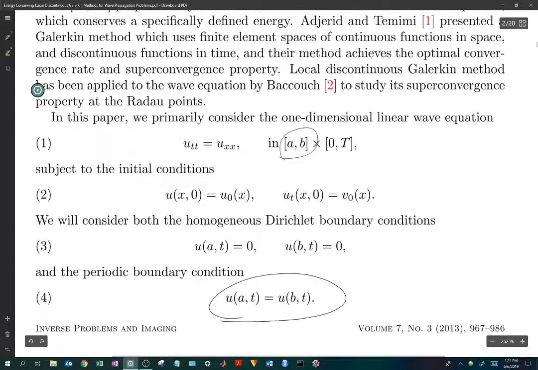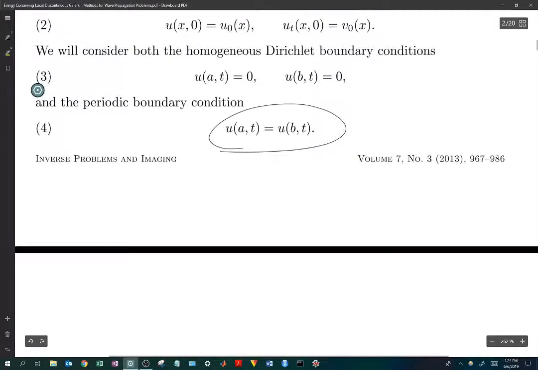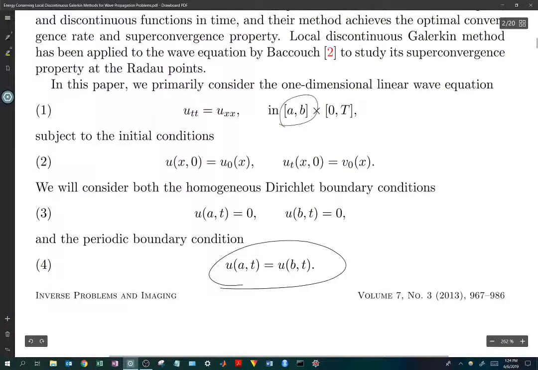You can see that right here. We're also going to take the time interval from 0 to T and discretize that. Then at each discrete time point, we want to solve for an approximation of the exact solution to this partial differential equation.